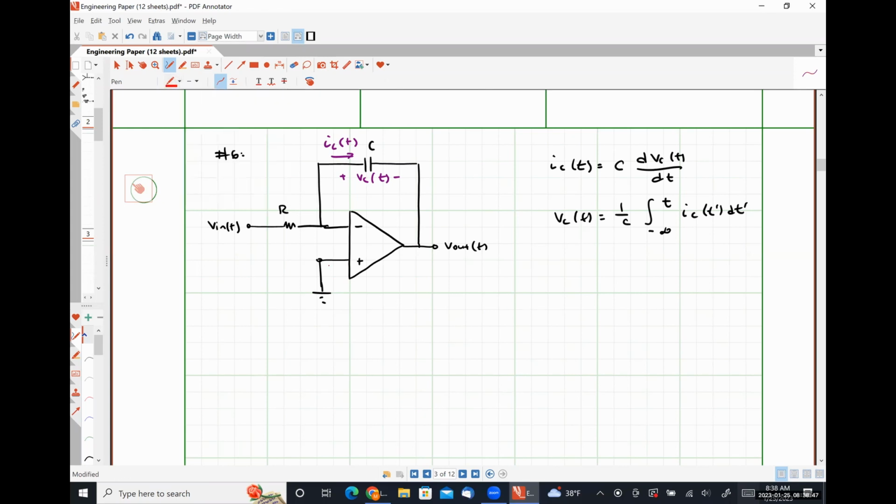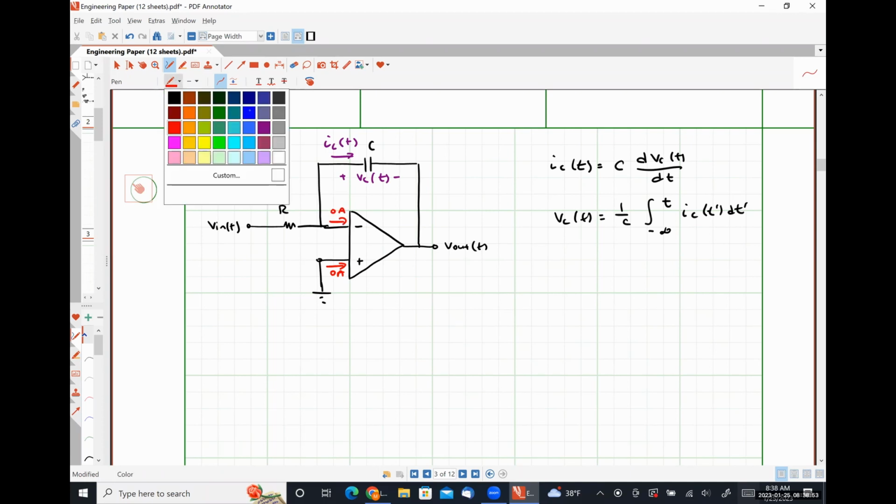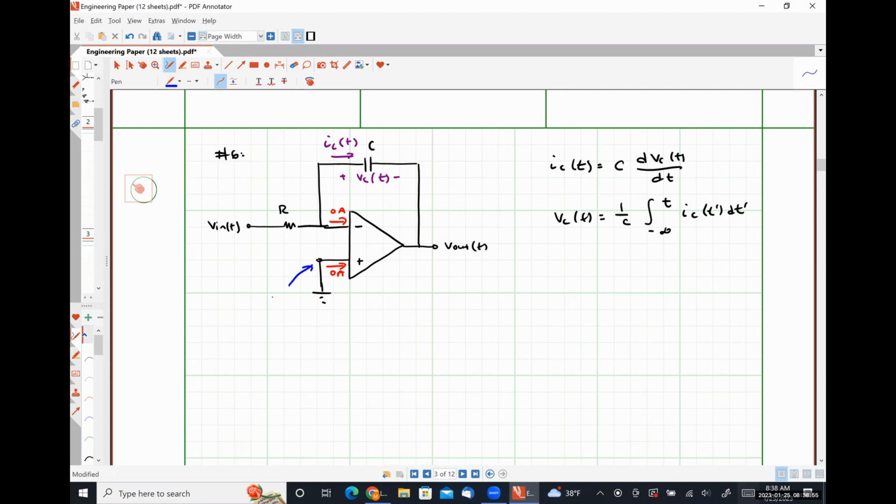So applying op-amp rule number 1, we know these currents are 0. By inspection, the voltage present at our non-inverting input terminal is 0, which means the voltage present at our inverting input terminal is also 0.